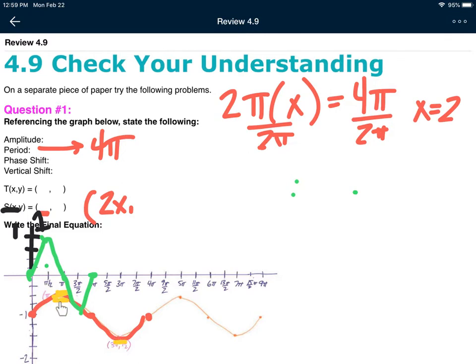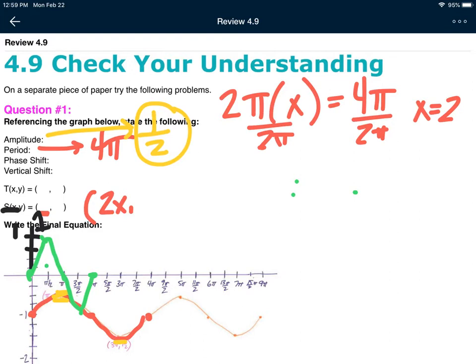So the complete distance here is actually 1. So again, negative 1/2 to negative 1 1/2, the complete distance is 1. To do the amplitude, we're going to take that complete distance of 1 and cut it in half. So the amplitude is 1/2.